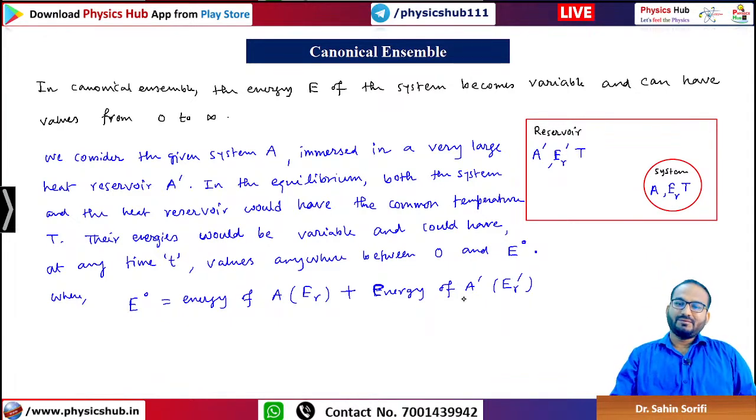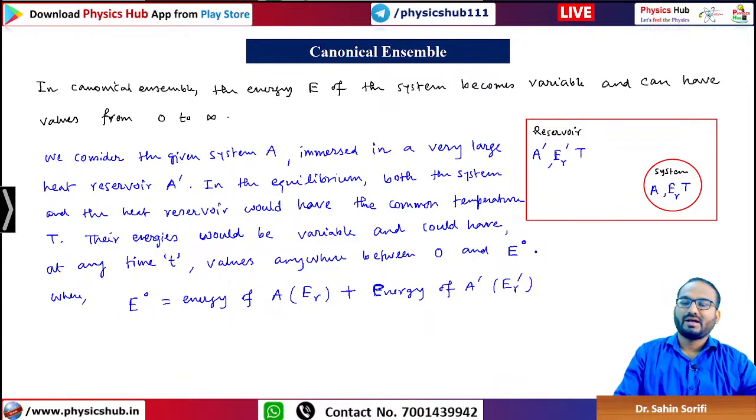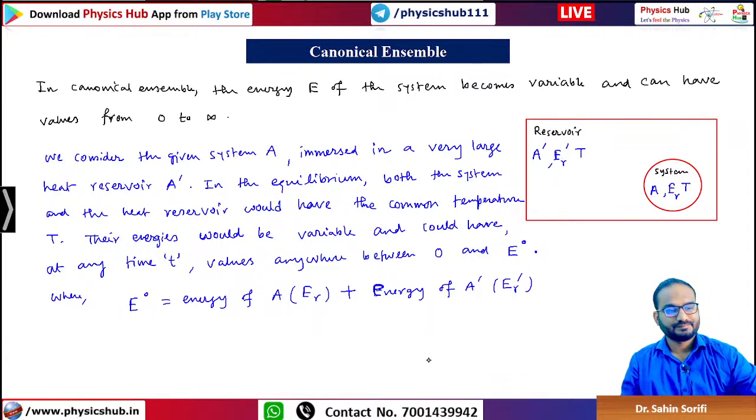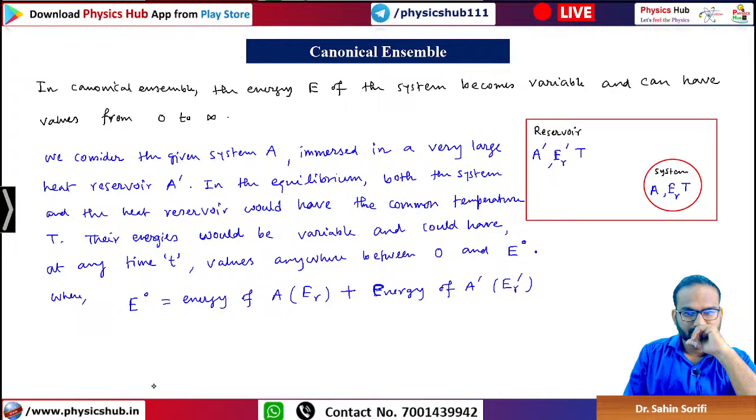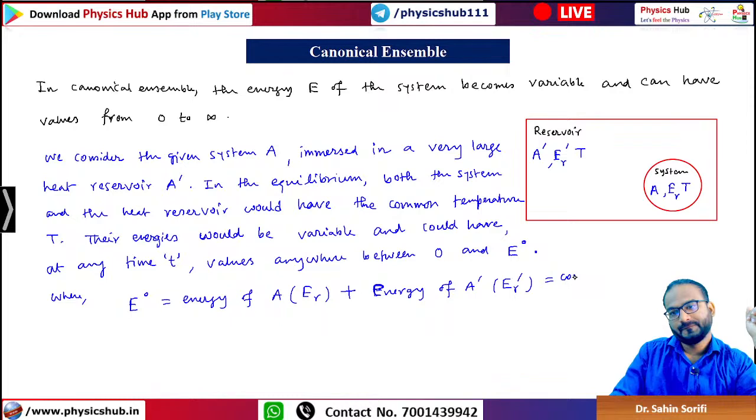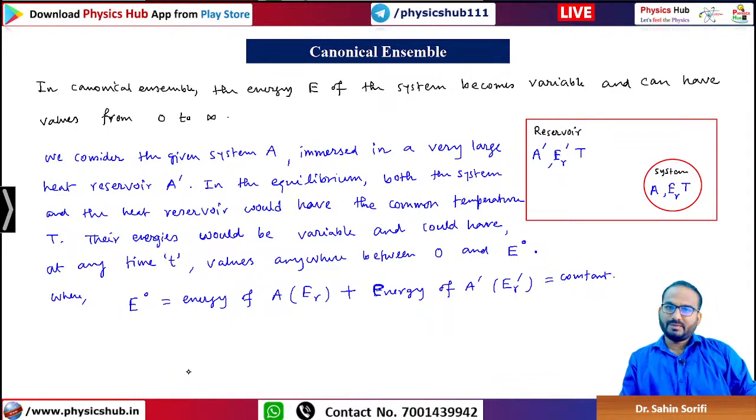So if at any particular time the system is characterized by some energy ER, the reservoir would have an energy ER prime, and this sum is a constant. This total energy will remain constant.